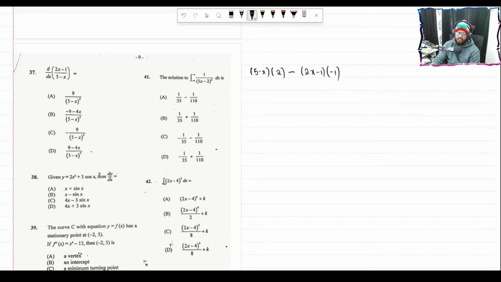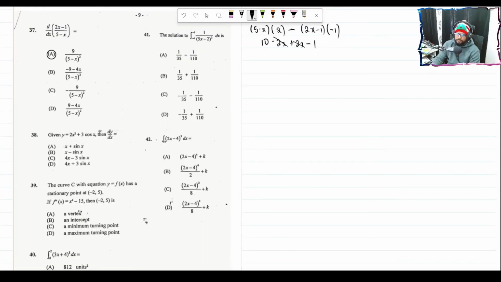I already have the v squared on my denominator for everything. So this is going to be 10 take away 2x plus 2x, and minus minus is going to be a minus 1. 10 minus 1 is 9. Good to go.